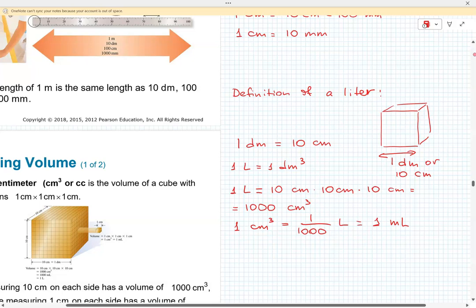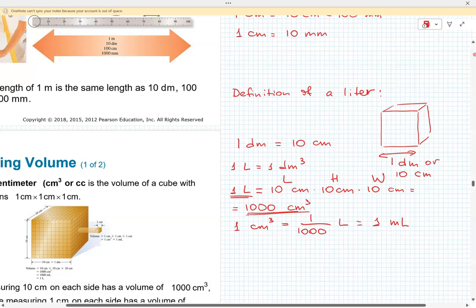So, length, height, and width here is 10 centimeters. Good? So, length, height, width. Good? 1,000 cubic centimeters.